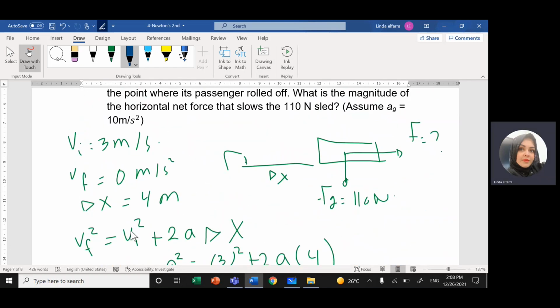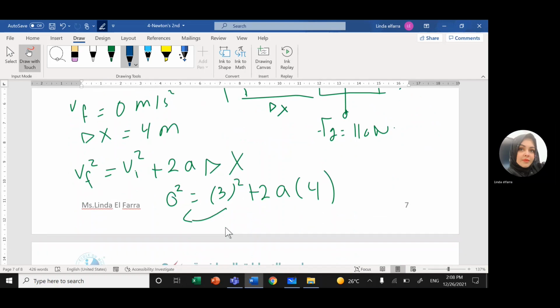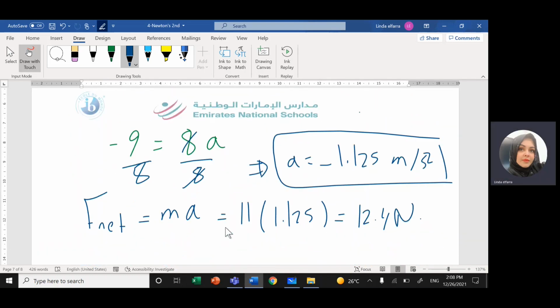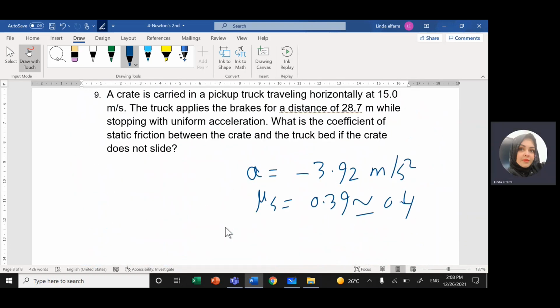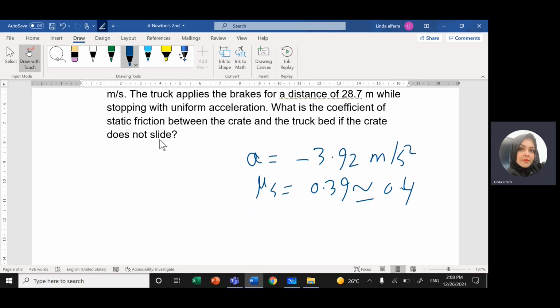Use this formula to find the acceleration. And the applied force should equal the friction force. So F applied, which equals mass times acceleration, should equal the friction force, mu s times Fn.